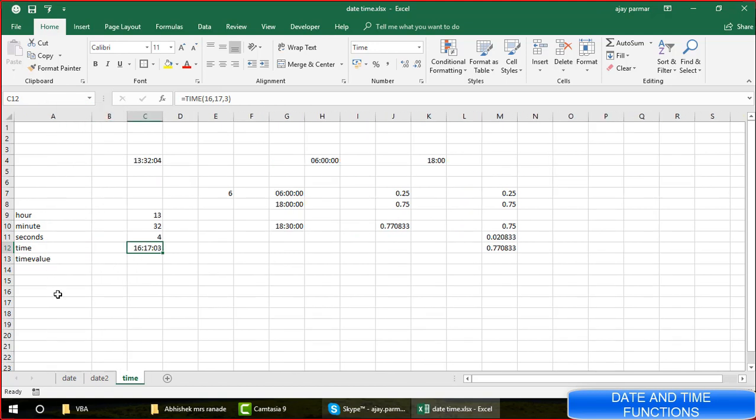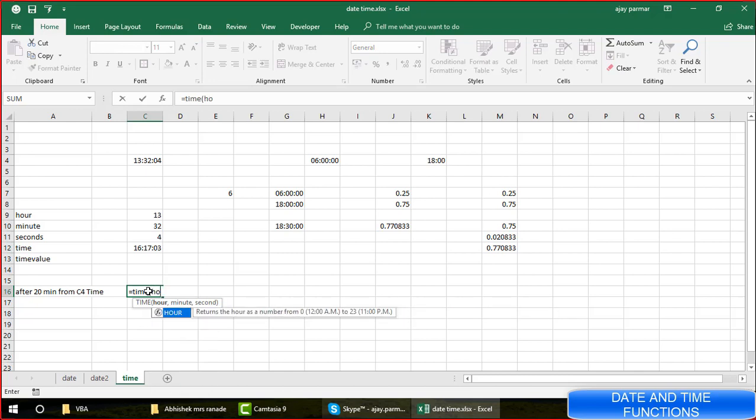Now the question is, for example, what is the time after, let's say, 20 minutes from C4 time? If you want to check how you can do that, you write time.